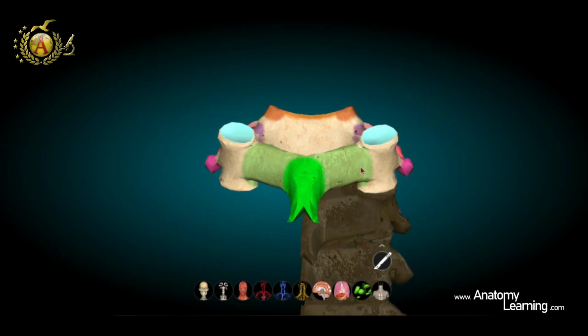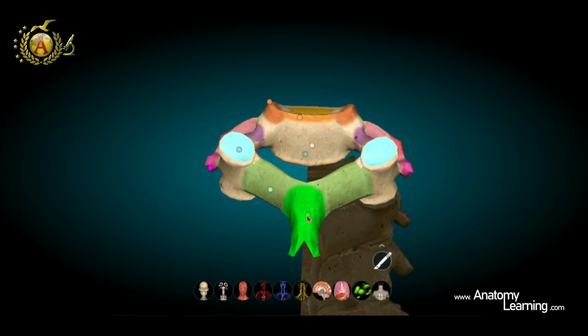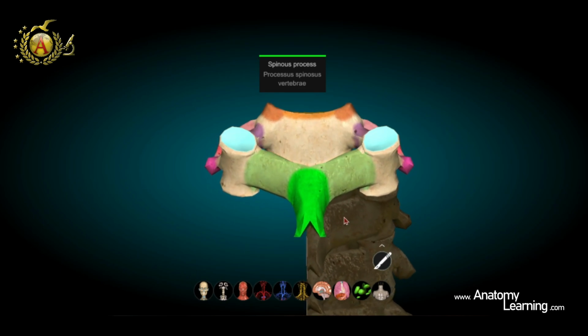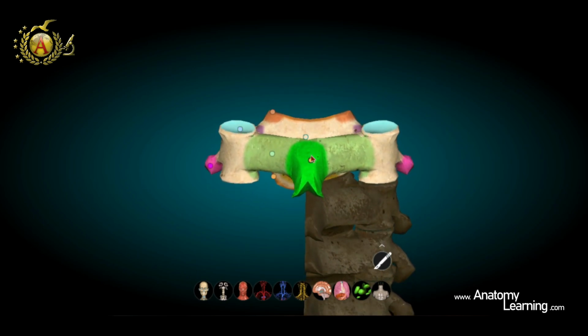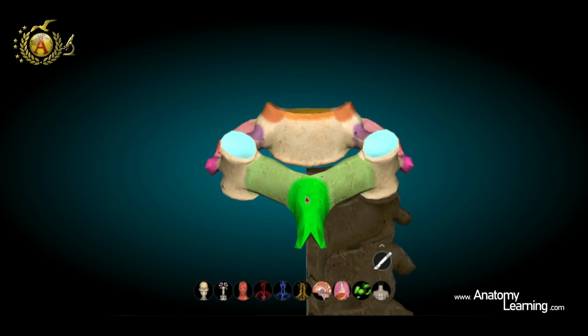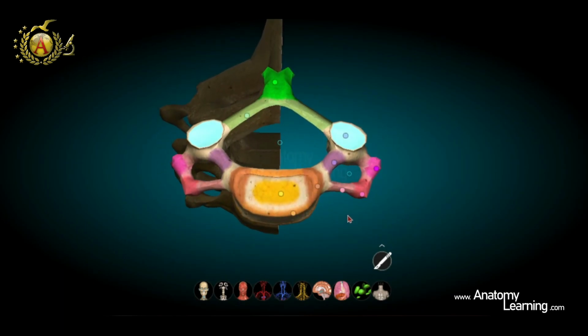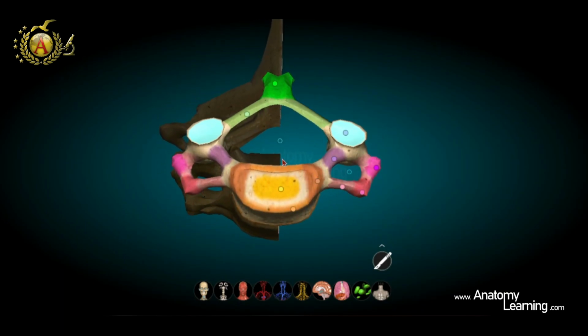Posteriorly, we find the closure of the arch and a spinous process, which is characteristically bifid at its end, but otherwise short and thin. In the centre, it is furrowed by a groove. The vertebral foramen of these vertebrae is the largest among those of the other classes of vertebrae.